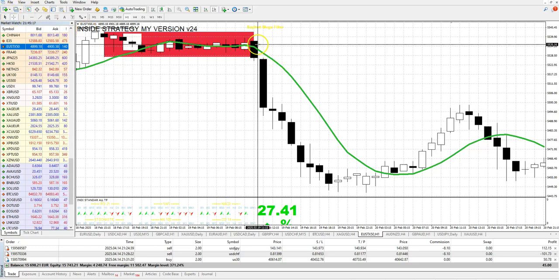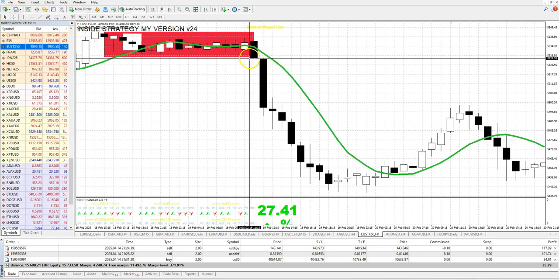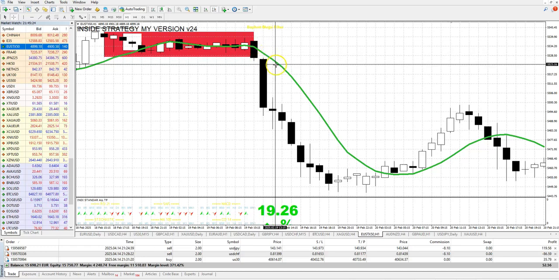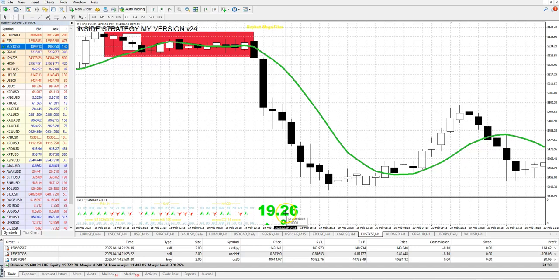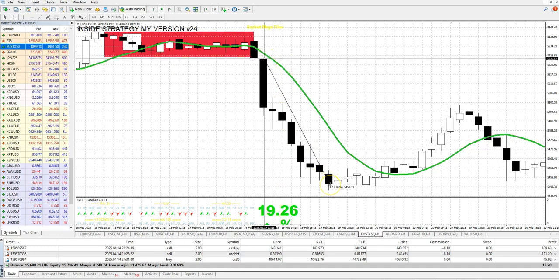So here, this is a breaking first candle, but you wait for the open of the next one. You are under the moving average, and if this was in red, here you would take a trade, and you see huge trade.